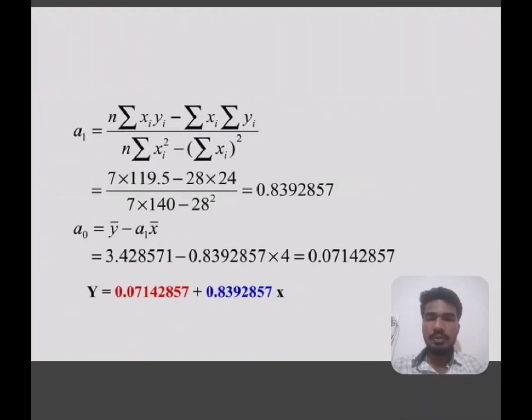This is the formula to find a1: n summation x1 y1 minus summation x1 summation y1 divided by n summation x1 square minus summation x1 whole square. We substitute the values according to this formula, and we find a naught equals y bar minus a1 into x bar, and substitute the values according to this formula, we get y values.